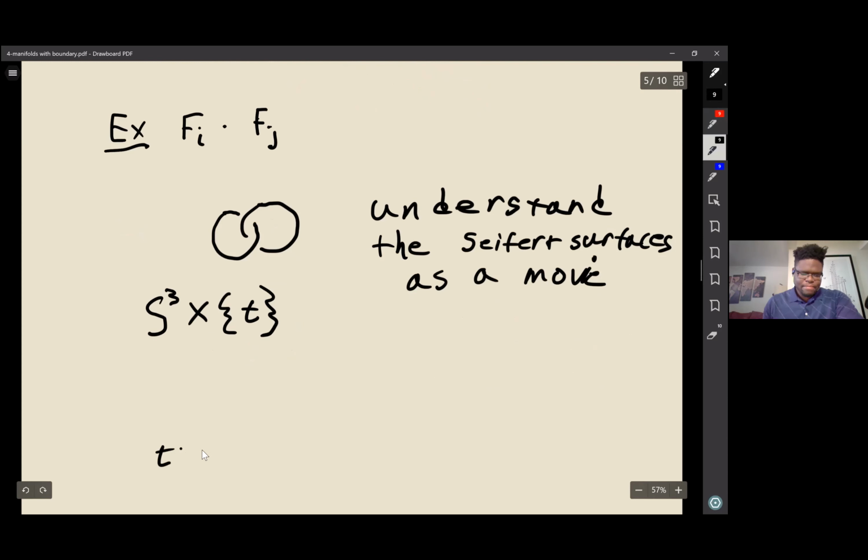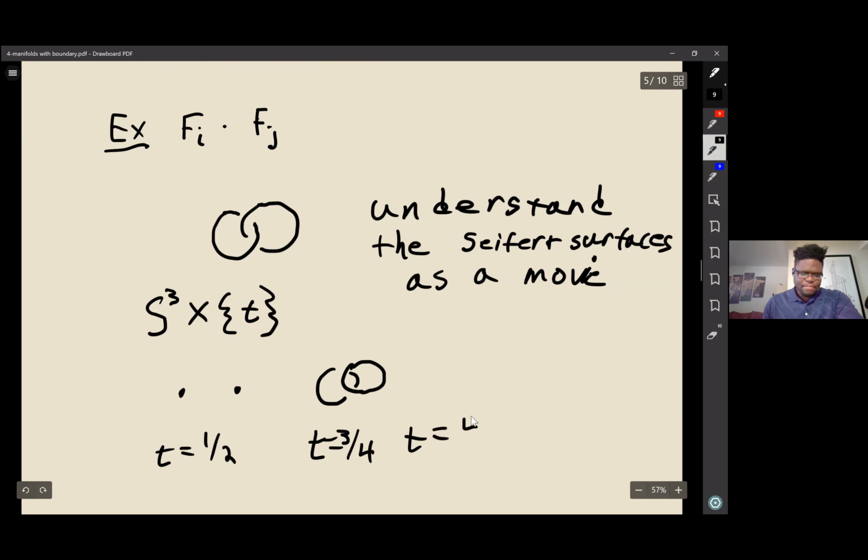So at t equals 1/2, I might see the bottoms of these two Seifert surfaces start to appear. At t equals 3/4, I'll see level sets of these two surfaces starting to come together.